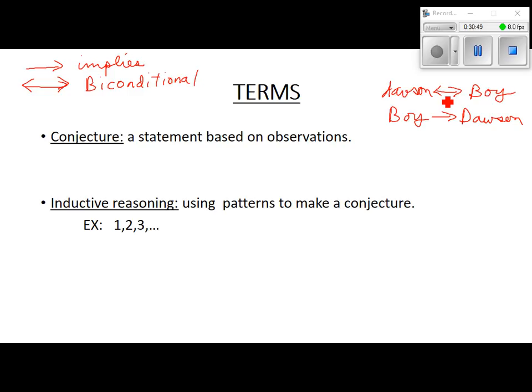What about the double arrow on the bottom? Is that the same thing? Maybe true. No, well, not in real life, because Dawson's not the only boy.